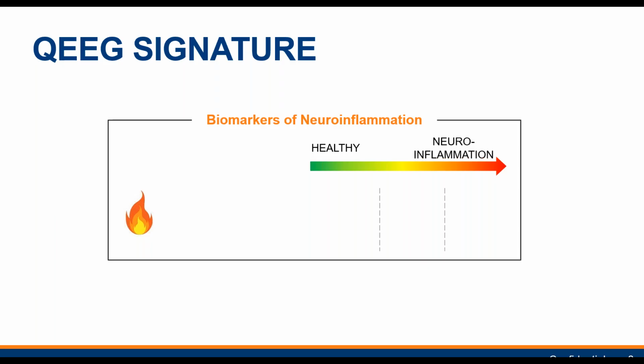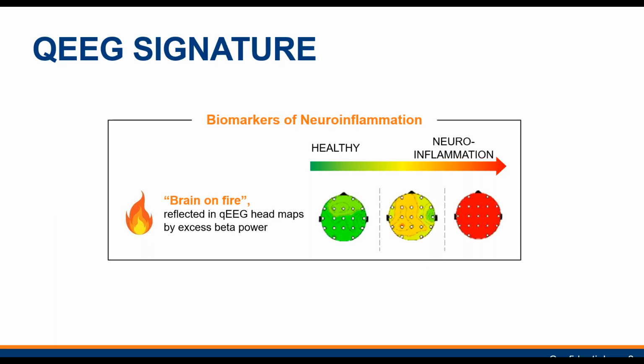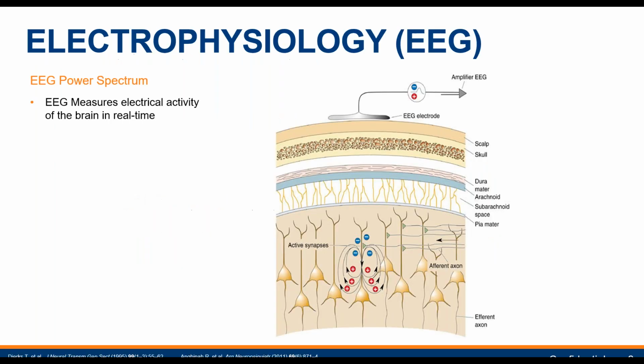Unfortunately, this time around, we are looking for basically just one pattern, which is the brain on fire, which is going to be reflected in our qEEG head maps, and it's represented by an excess of beta. So a healthy brain, we're looking at green, and neuroinflammation, as you'll see, is bright red. You can really easily remember this by just looking for the brain being on fire, if you will.